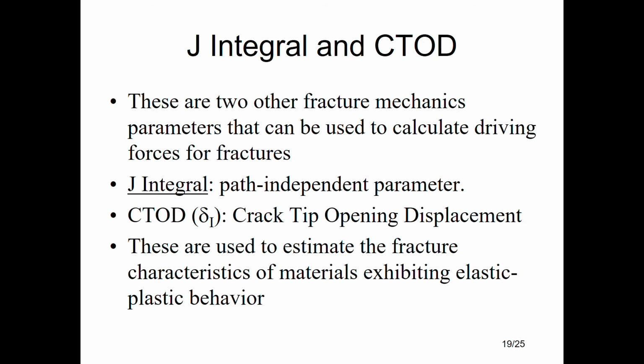The J integral is a path independent parameter. While CTOD, most likely represented with delta, is the crack tip opening displacement. So delta here means a displacement. These are used to estimate the fracture characteristics of materials exhibiting elastic plastic behavior.